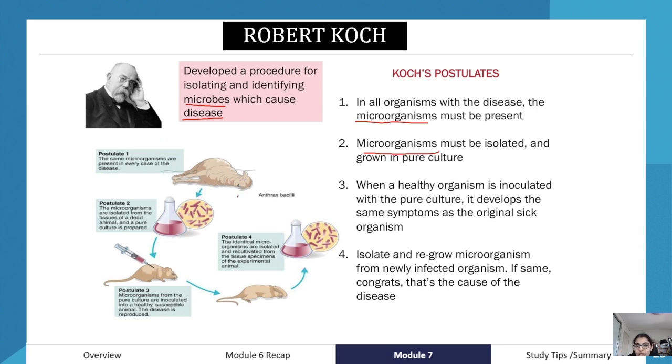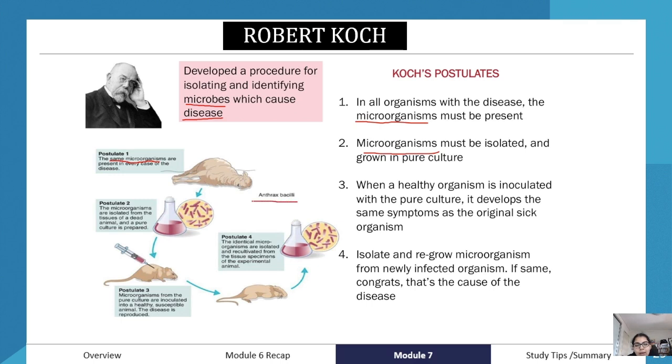So postulate 1 is that the same microorganism is present in every case of the disease. So the symptoms are the same. More than likely, there are going to be the same microorganisms that are infecting these organisms.